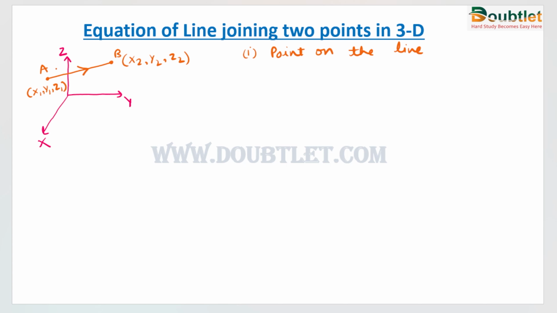We can consider either A or B, it's our choice. And the second thing we need is the direction ratios of that line.